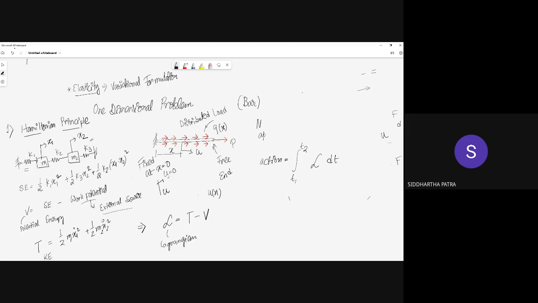So you see it already has some sort of energy, kinetic energy minus the potential energy, and that quantity integrated over time is defined as the action, and that becomes our functional of the day. The Hamiltonian principle says that x and x dot, in this case x1, x2, x1 dot and x2 dot, must be such that they minimize this so-called action.